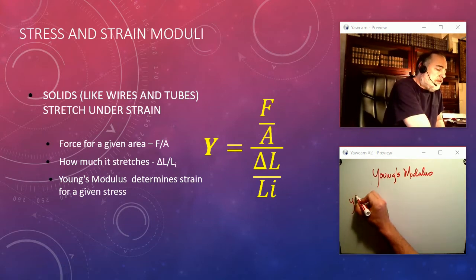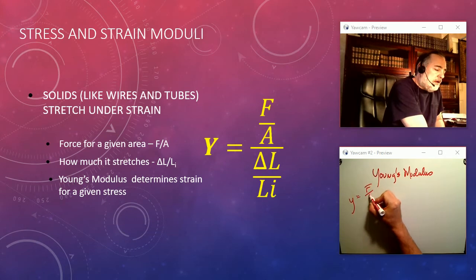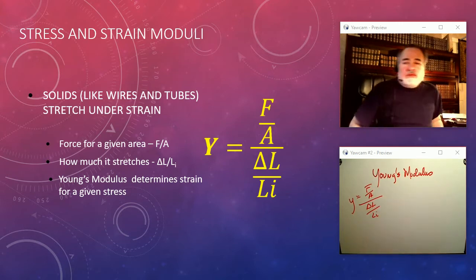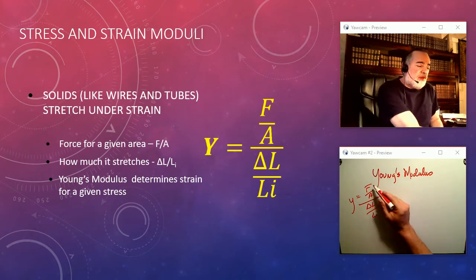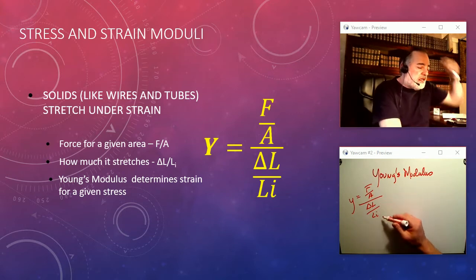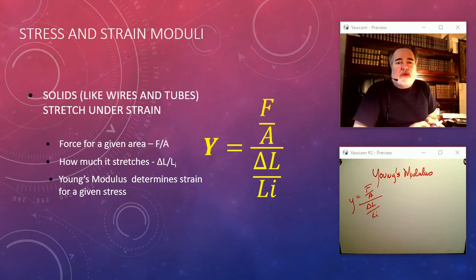I'll write that over here. Change in length over length initial. That's Young's modulus. So given a certain stress, force for a given area, how much strain is introduced into the material?